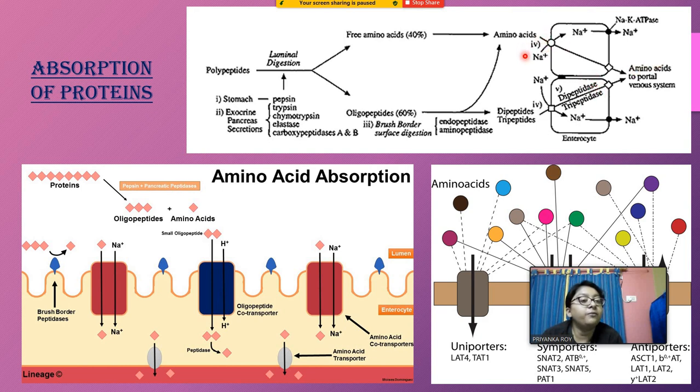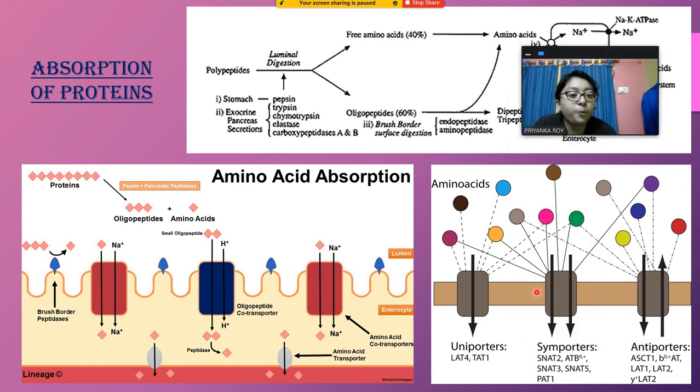When the free amino acids enter through the sodium symporter, they directly get inside the portal venous system. This sodium is obviously expelled out from the cell with the help of a sodium potassium ion exchanger, and therefore the sodium can be further utilized again for symport of the amino acids.